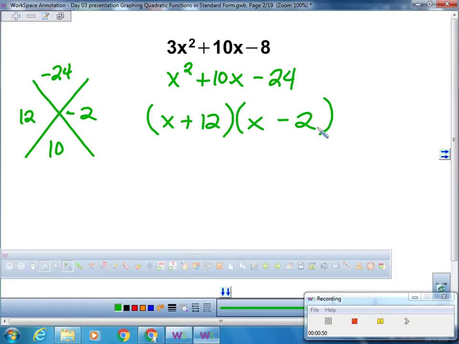You can't just multiply something by 3, especially since I didn't multiply everything by 3. So to undo what I did to begin with, what do you think I'm going to do? I'm going to divide everything by 3. And I think I've just answered my own question right now. I'm not going to divide the x's by 3 because I never multiplied those by 3, right? Since I only multiplied the constant by 3, I'm going to divide the constant by 3.